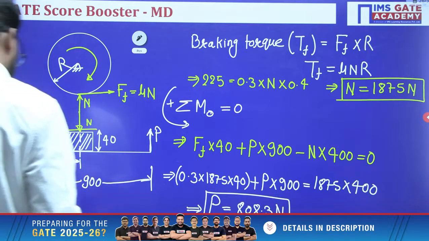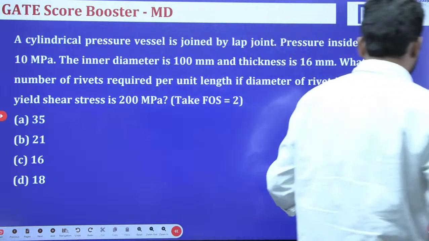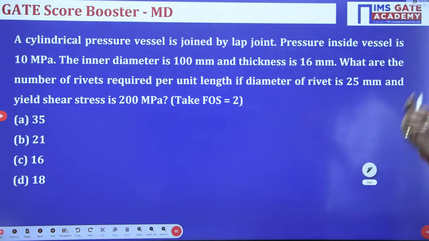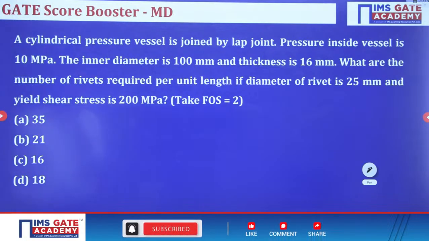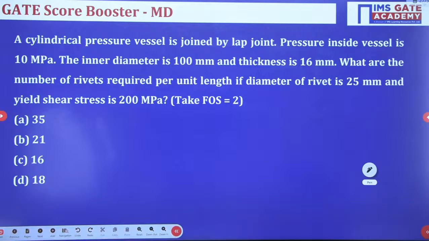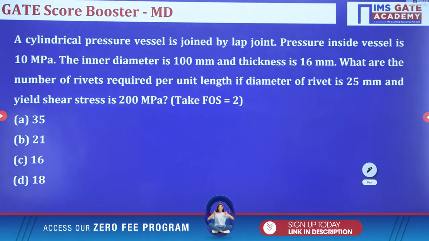Okay, now next. Yes, this is also a very good problem. Just read this question. A cylindrical pressure vessel is joined by a lap joint. Pressure inside is 10 megapascal. The inner diameter is 100 mm and thickness is 16 mm.